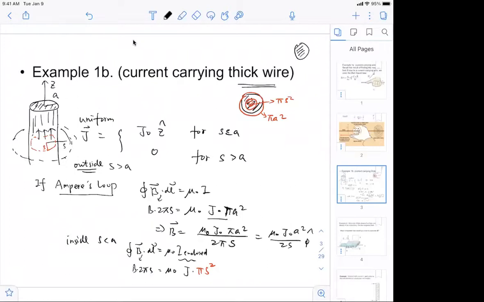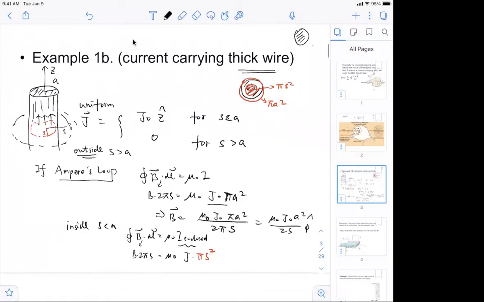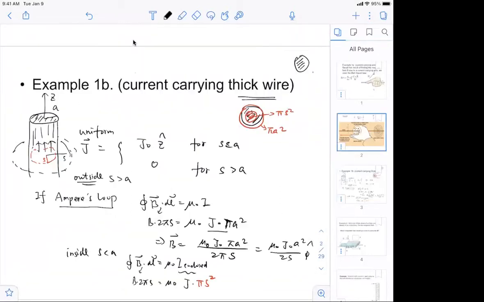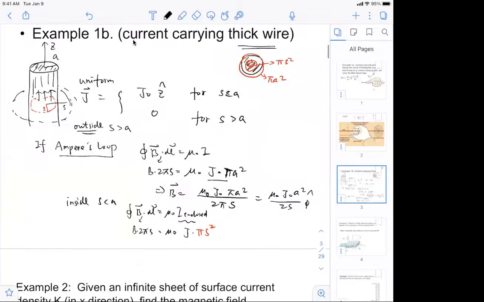Inside, your E field increasing. As you go outside, it behaves like a point charge. This is the same. Outside, it behaves just like a long wire. But inside, you can see that the B field is increasing with s. So it's mu naught J naught s over 2 in the phi hat direction. So this is inside, this is the outside.